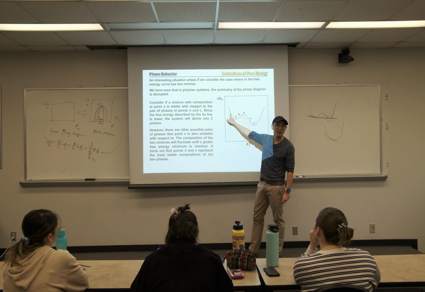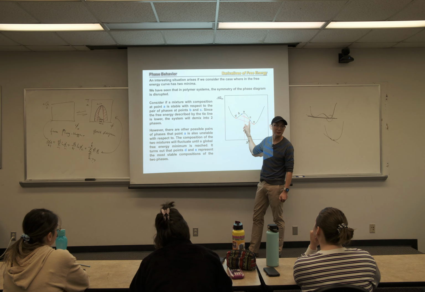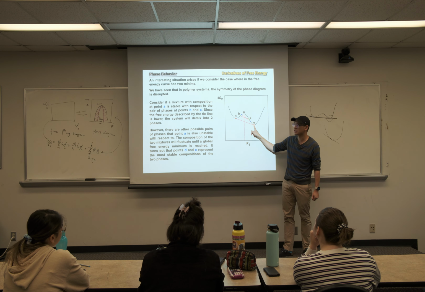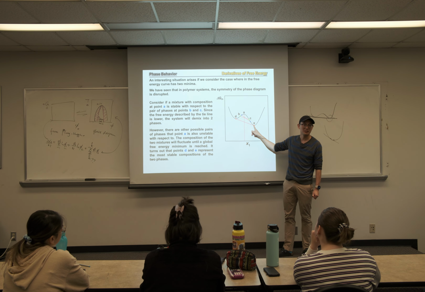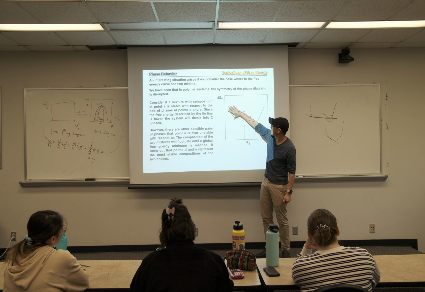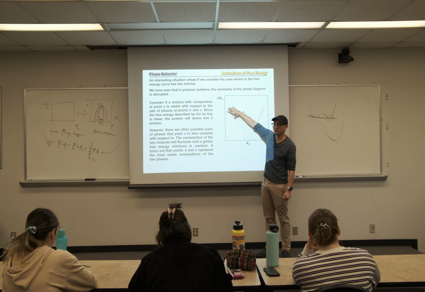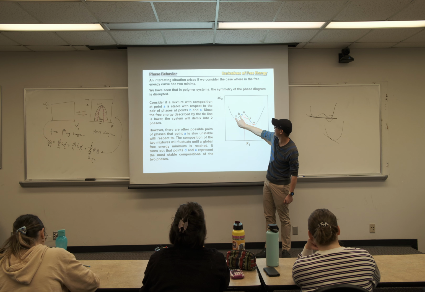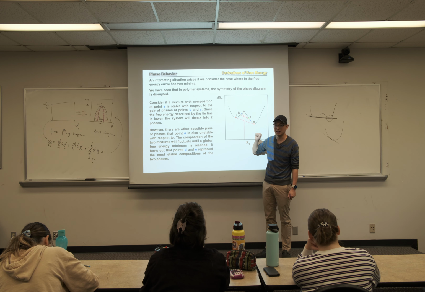Can I phase separate into D and E anymore? No, you can't. Because you can't gain mass to reach a higher concentration. So that means this will be the stable state, one phase. And anywhere between B and D will be the metastable phase.